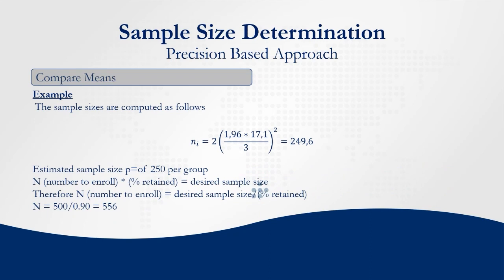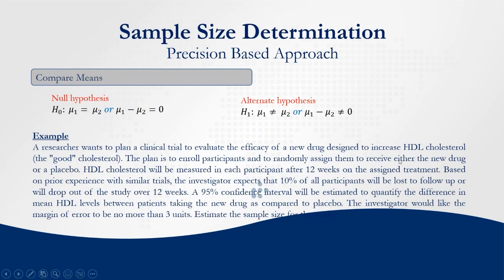So going back to our example, there is a study where the researcher wants to look at the efficacy of a new drug to increase HDL cholesterol. This is the good cholesterol. They want to enroll participants and assign them to receive either a new drug or a placebo. The measurement will be done after 12 weeks of the assigned treatment.